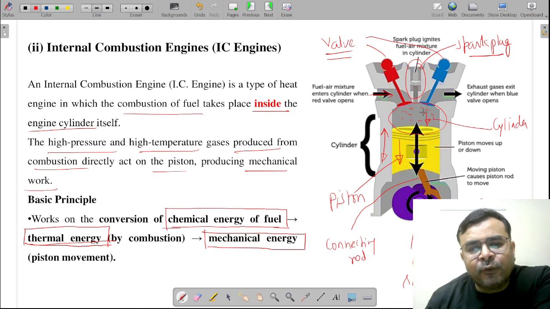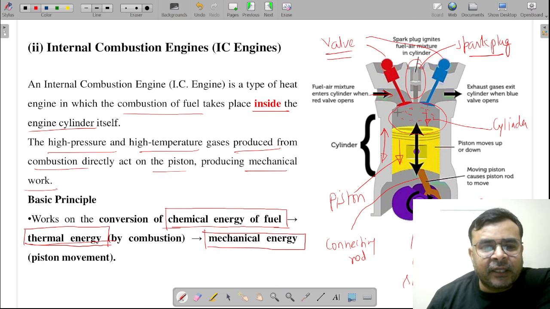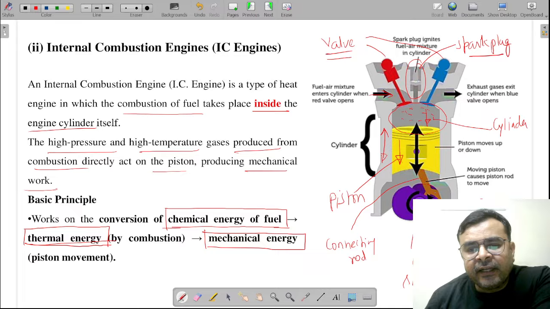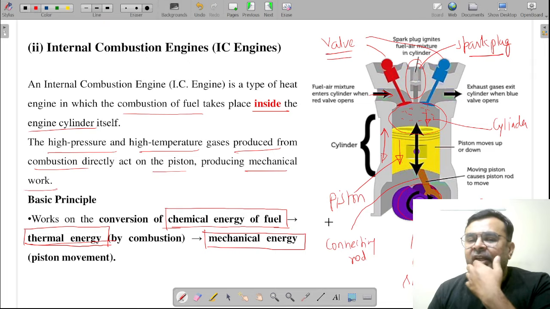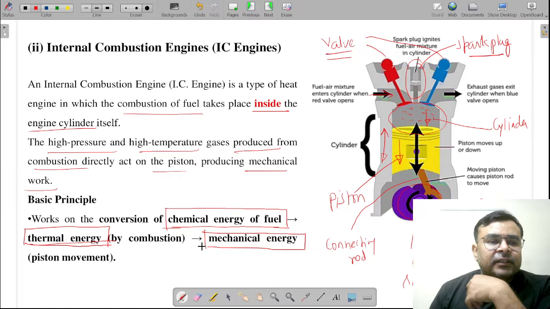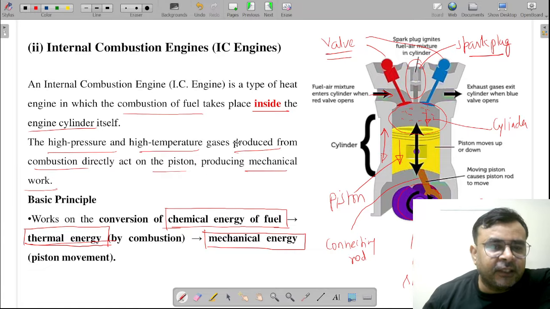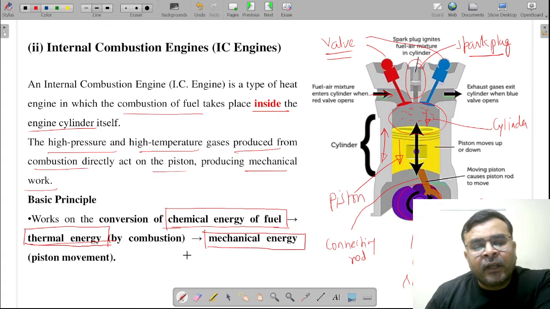When you burn the fuel, chemical energy is transformed into heat energy, and because of this heat energy, the piston reciprocates, and at the crankshaft we get mechanical power or mechanical energy. So this is the basic principle of the internal combustion engine. The chemical energy of the fuel is transformed to thermal energy, and thermal energy is transformed into mechanical energy.